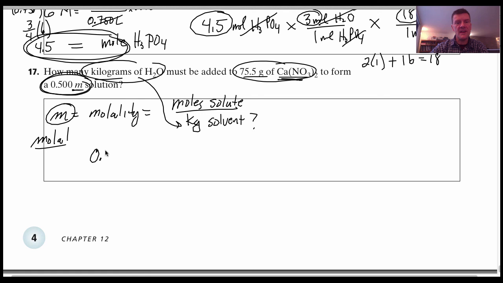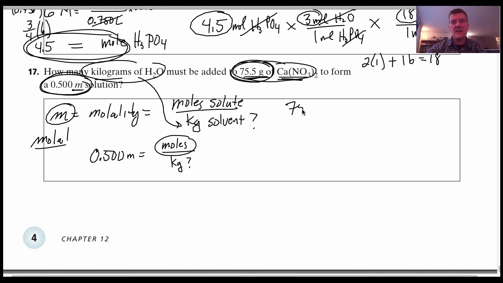Molality is 0.5. Moles we do not know. Oh, sorry. We're going to find moles here. We're going to find moles using the mass. And the kilograms we do not know. Okay? Kilograms of water.